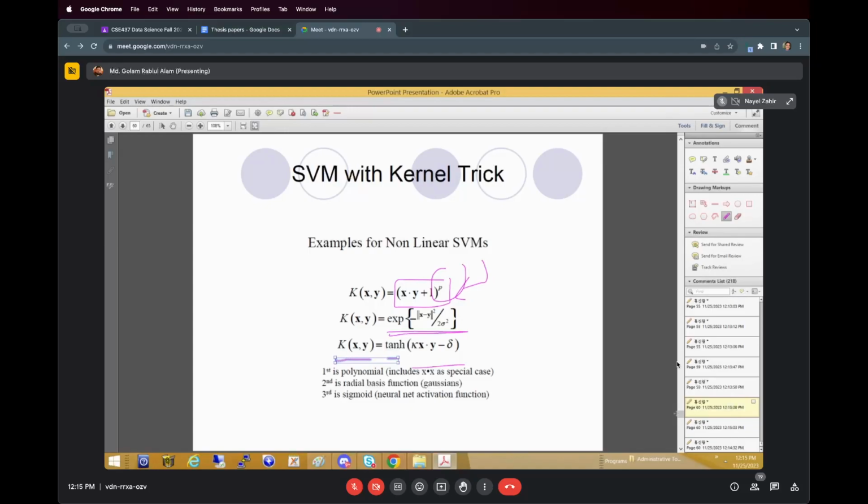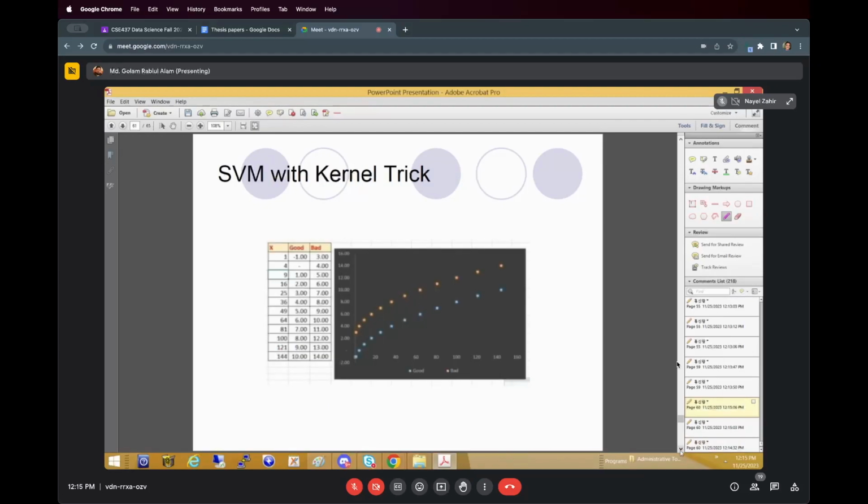So we can apply either a polynomial kernel, or a radial basis function or Gaussian function, or the sigmoid or tanh functions. Those are the traditional, or we can say the benchmark, SVM kernels we can apply to transform our data points.